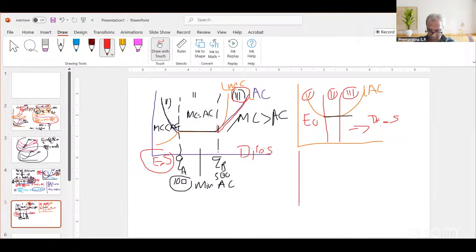On the production side, the average output increases. In this first stage we call it increasing returns to scale.